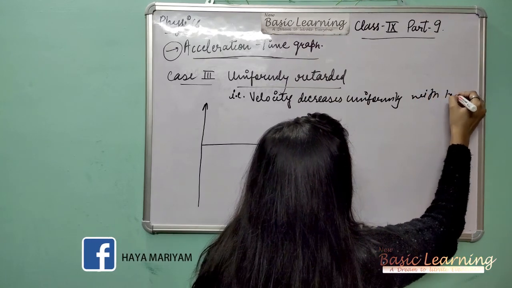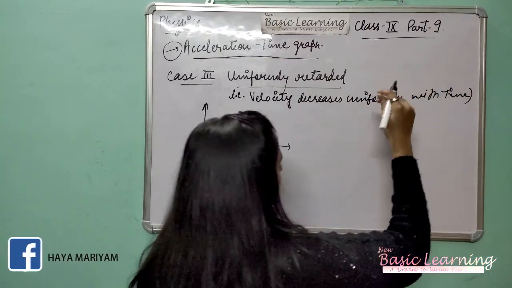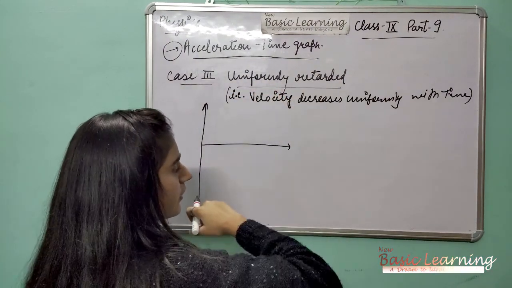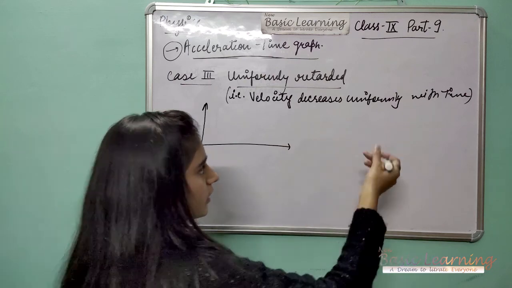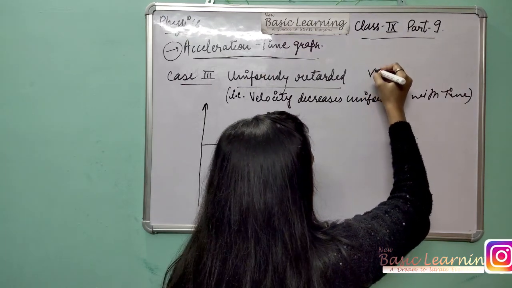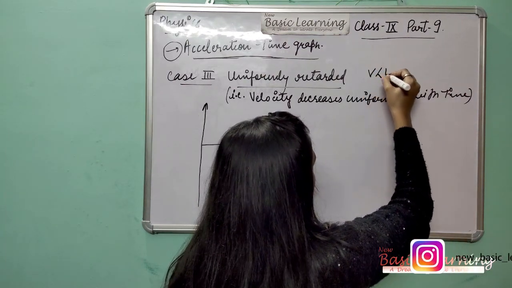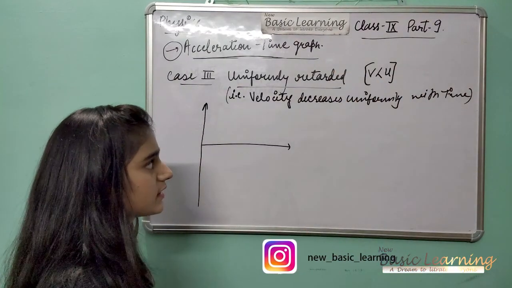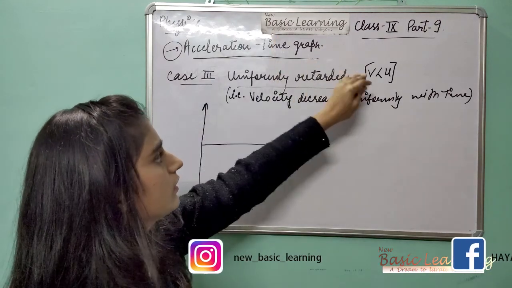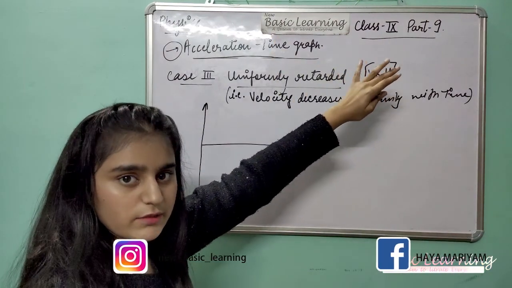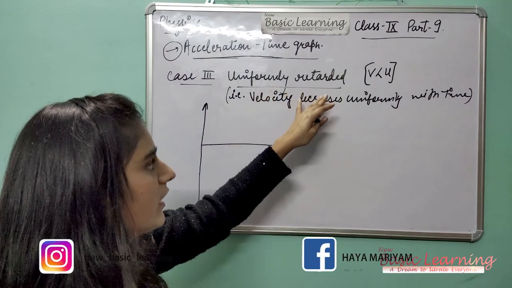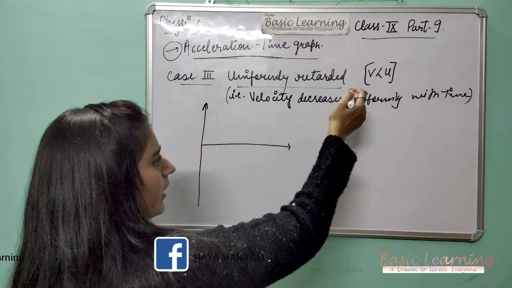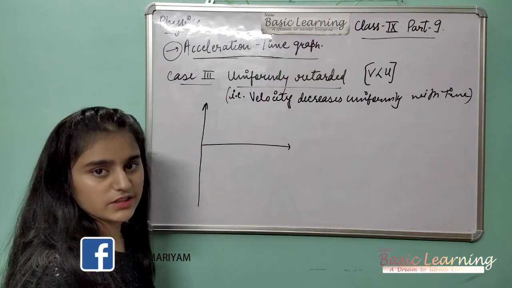You have to keep in mind that when we talk about uniformly retarded, it means that the final velocity is less than the initial velocity. In uniformly accelerated, the final velocity is greater than the initial velocity, and in uniformly retarded, the final velocity decreases, so it is less than the initial velocity.